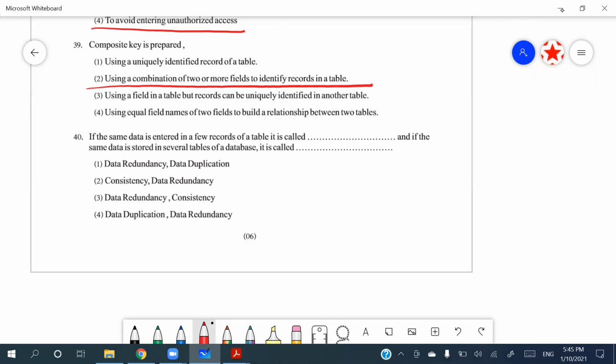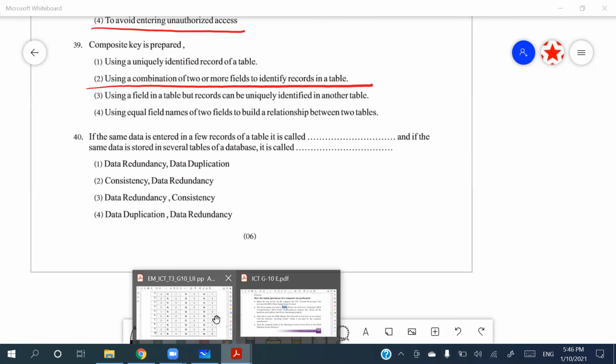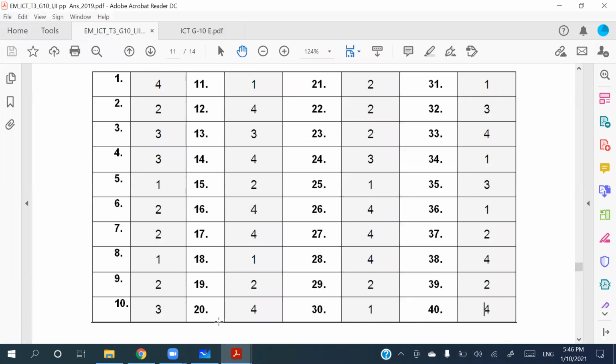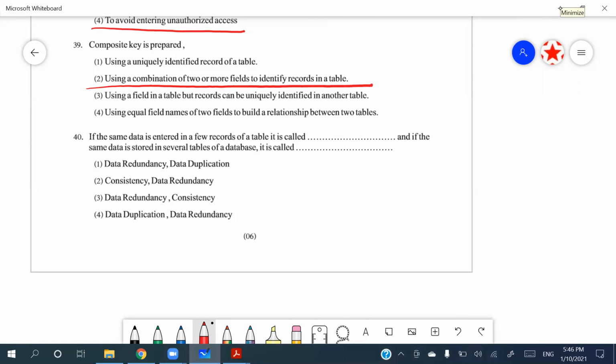The same data is entered in a few records of a table. So in the several tables, yeah. So it is the data duplication and data redundancy, I guess, right? So it's going to be the fourth, yes. When it comes to the same data, it's going to be the data duplication. Yeah, it's the fourth. And when it is repeated on several tables, it's going to be data redundancy, right?